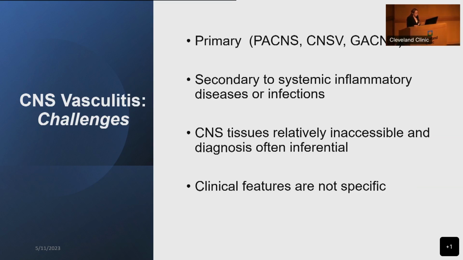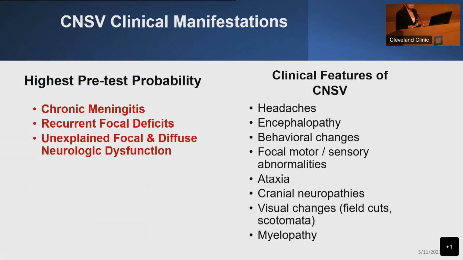And to add to the challenges, the clinical features are not very specific. If you look at the clinical features of CNS vasculitis, as you see here, most commonly patients present with chronic insidious headaches, plus or minus neurologic deficits such as encephalopathy, behavioral changes, hemiparesis, focal motor abnormalities, etc. But as you see, these are not very specific at all.